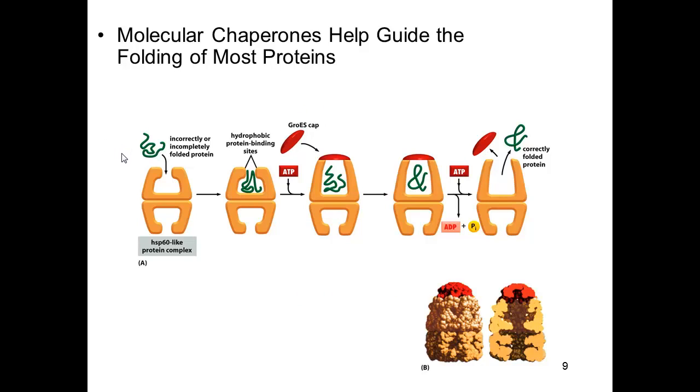Proteins that are folded correctly have hydrophobic cores and hydrophilic surfaces. If a protein is incorrectly folded, there's a good chance that a hydrophobic patch that is meant for the interior of the protein will be exposed on the surface. The chaperones have hydrophobic binding regions which can interact with these incorrectly folded proteins.